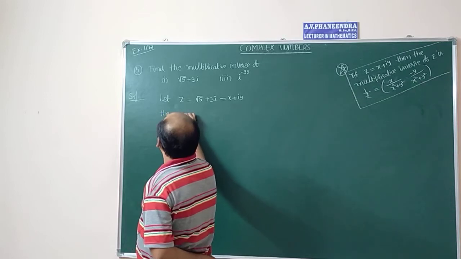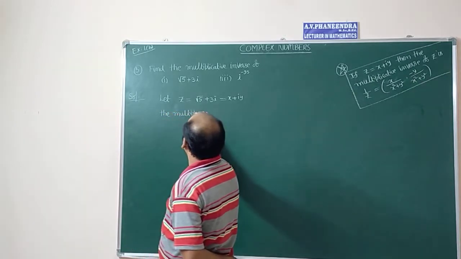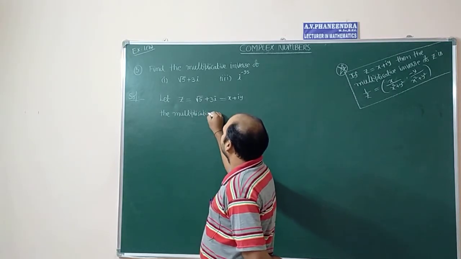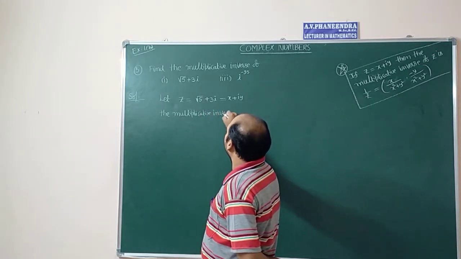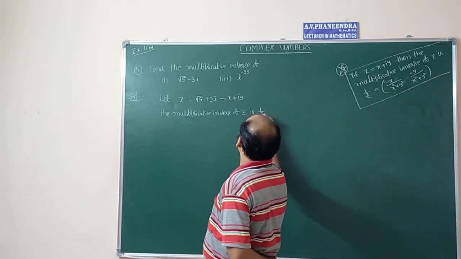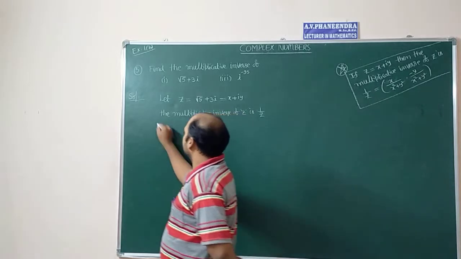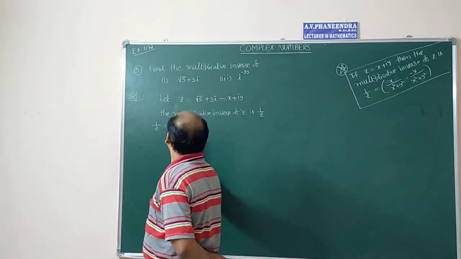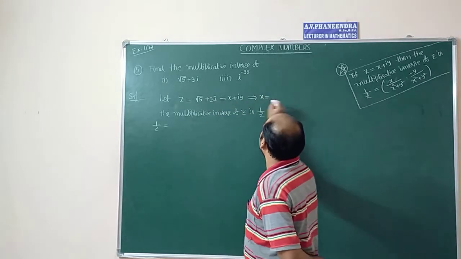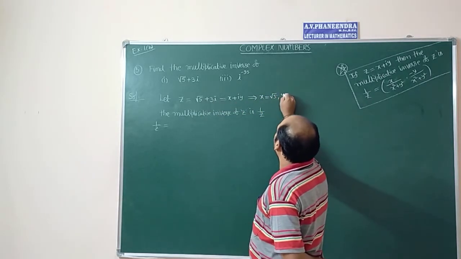The multiplicative inverse of z is 1 by z. So 1 by z is equal to, here after comparing that, x is equal to root 5 and y is equal to 3.